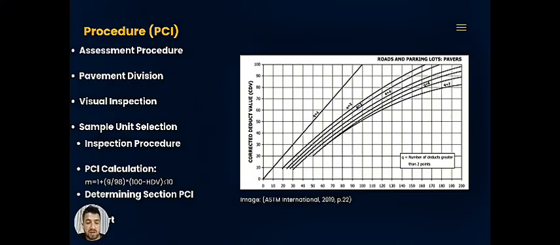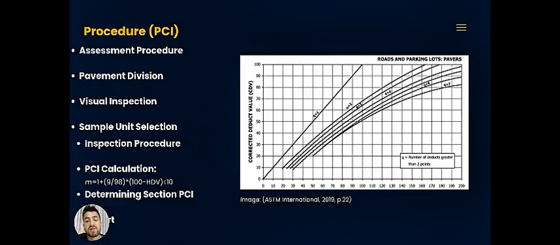To calculate the PCI, first determine the number of deductions, including the highest individual deduction. For the sum of the deteriorations, calculate the percentage of each type of deterioration, and determine the deduct value for each deterioration using the deduct value curves in the appendix.